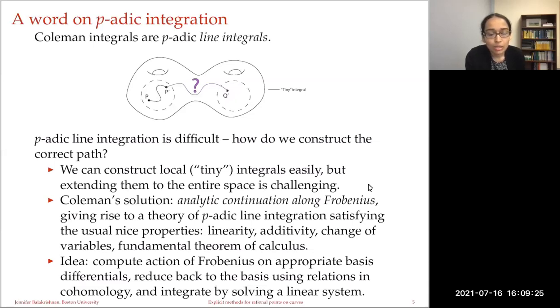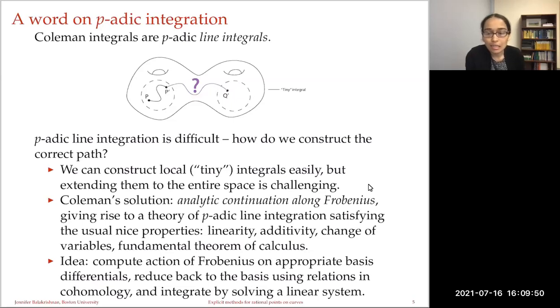Regardless of the residue disk, we have some notion of analytic continuation along Frobenius. And this will give us a nice theory of p-adic line integration that satisfies some of the properties that you'd expect an integral to satisfy, such as linearity or additivity or change of variables or the fundamental theorem of calculus. So the Coleman integral has all of these nice properties.